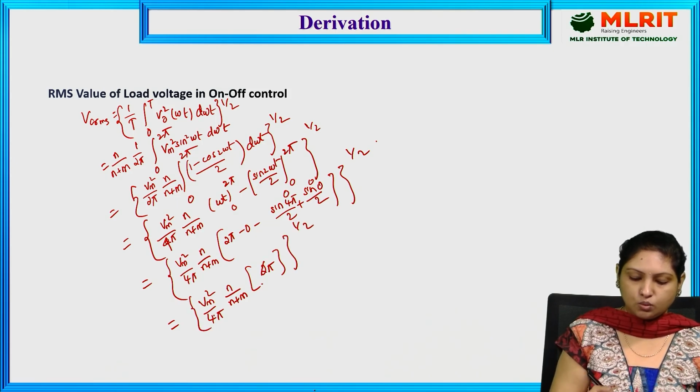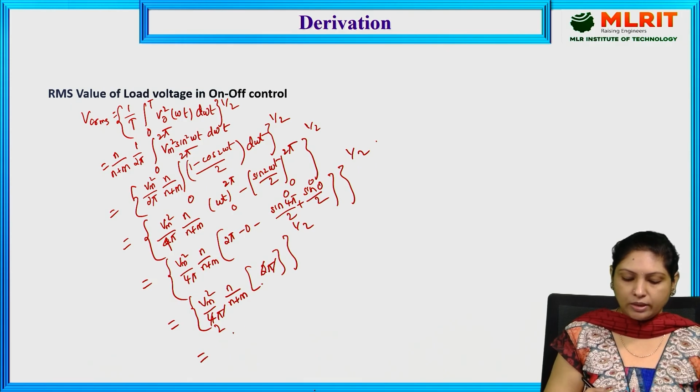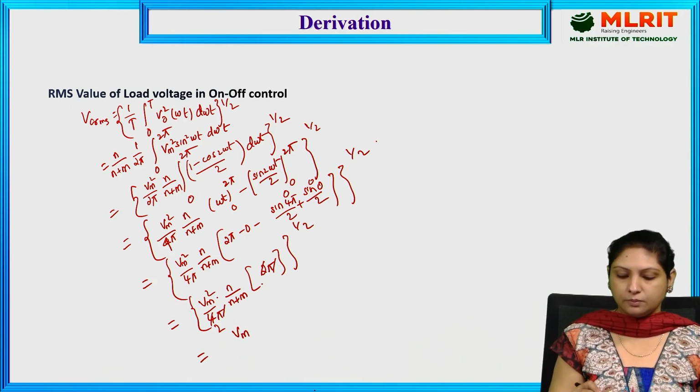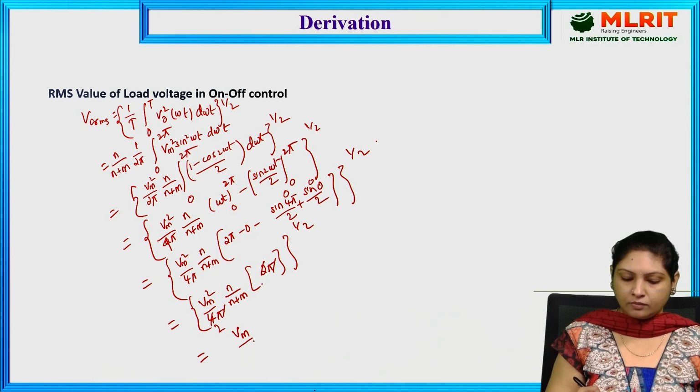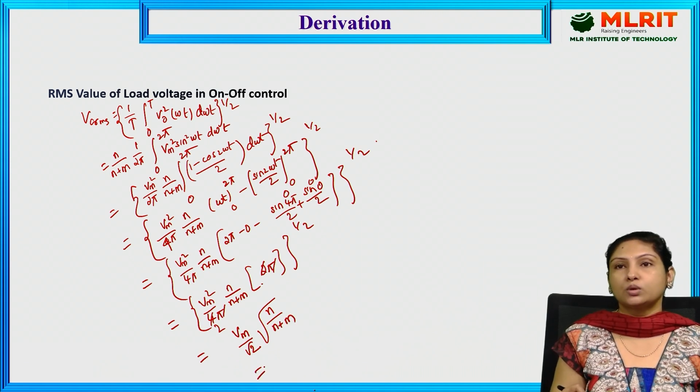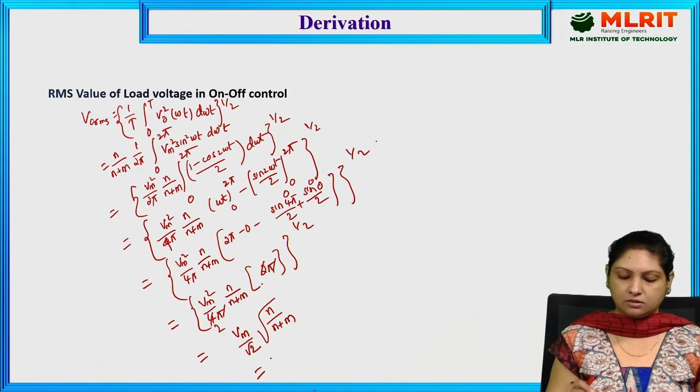Here 2 gets cancelled, pi gets cancelled, so that we get Vm by root 2 under root n by n plus m, where Vm by root 2 we can write as Vs, the source voltage.